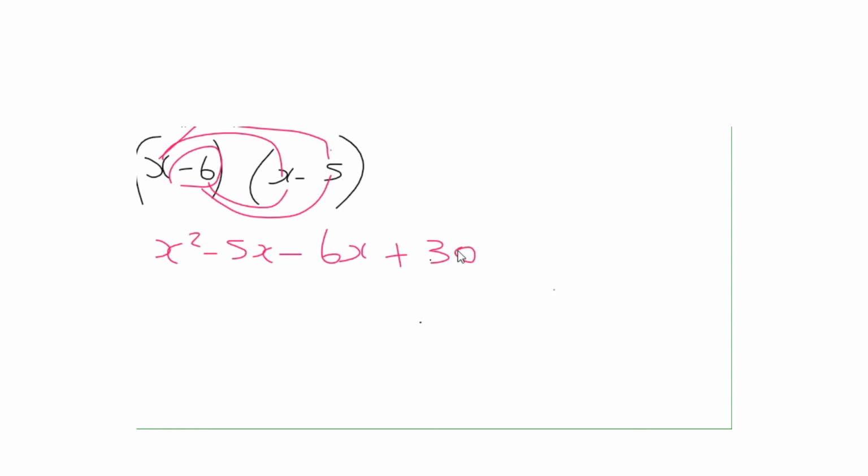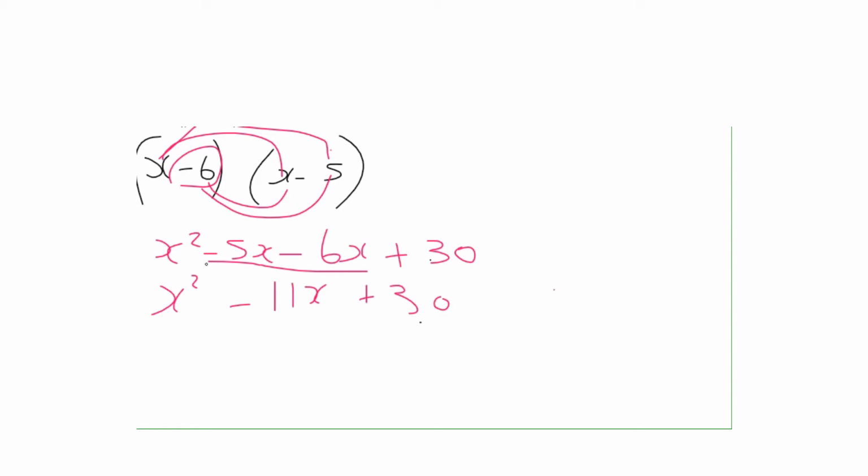And now we're going to see what we have that can be simplified. So the x squared cannot be broken down or simplified. We have minus 5x minus 6x. We're going to simplify that. So negative 5x, negative 6x gives us negative 11x plus 30.